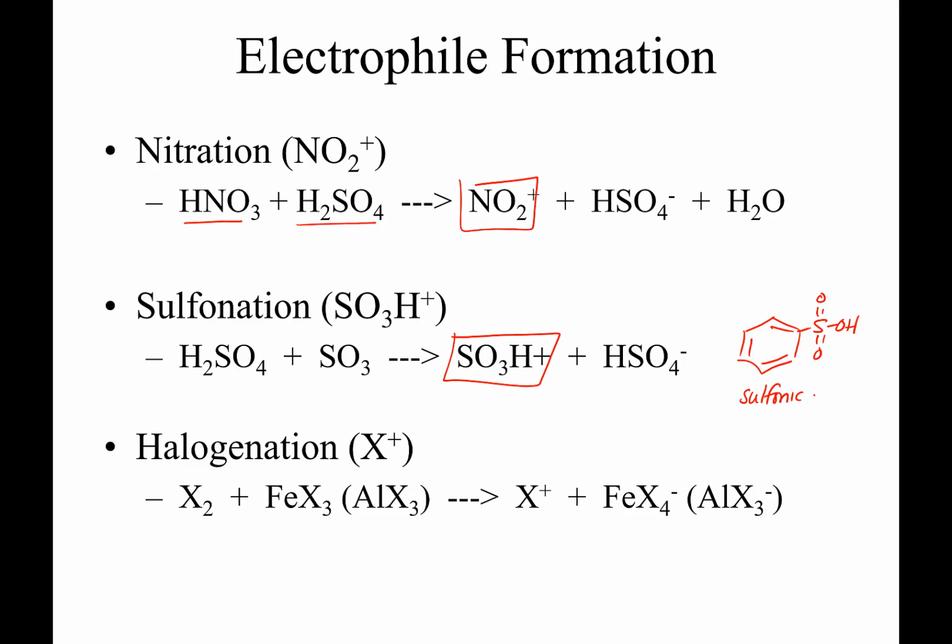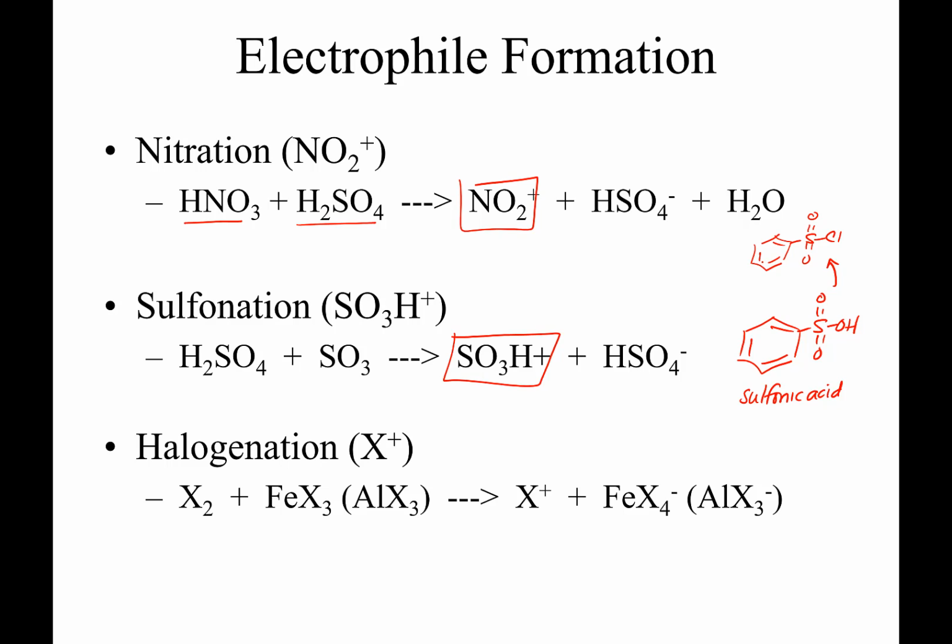Why is that sulphonic acid important? Because I can change that sulphonic acid into a sulfonyl chloride. And that sulfonyl chloride then, if there was a methyl group on the end, that would be our tosyl chloride that we use to make tosyl esters. So that's where they come from.